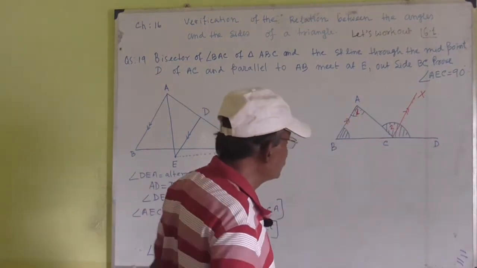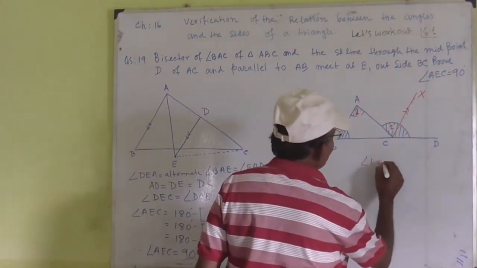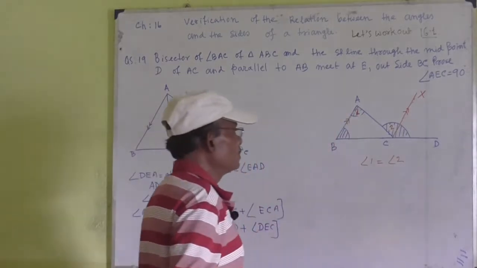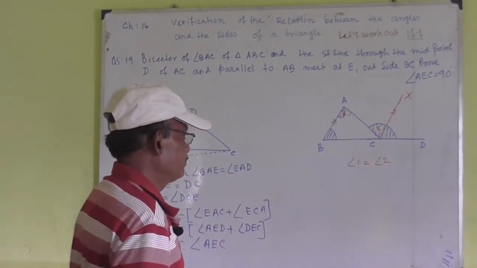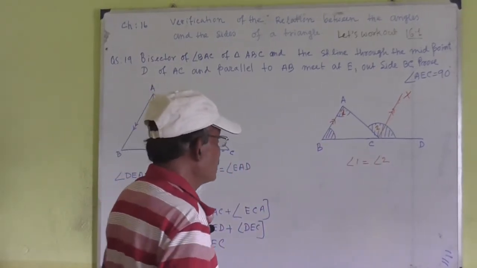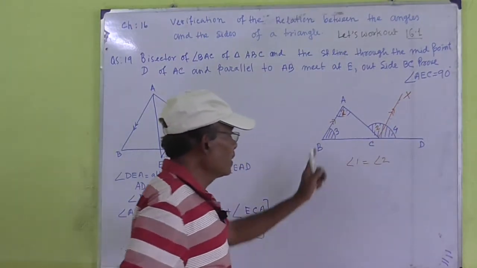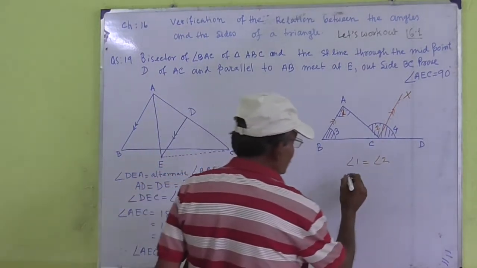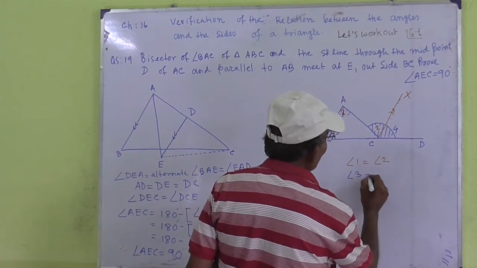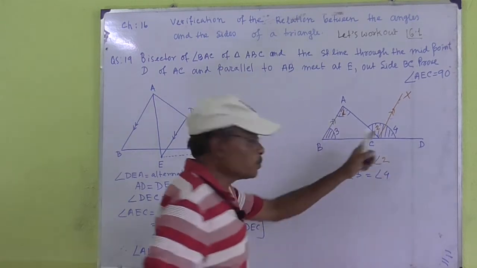Angle 1 equals angle 2 because they are alternate angles, and angle 3 equals angle 4, corresponding angles.